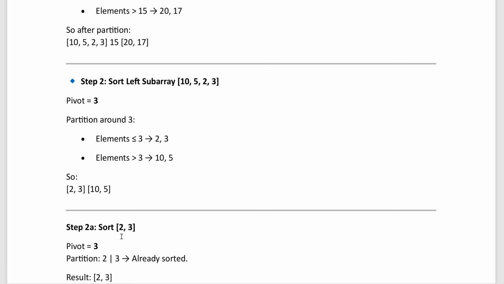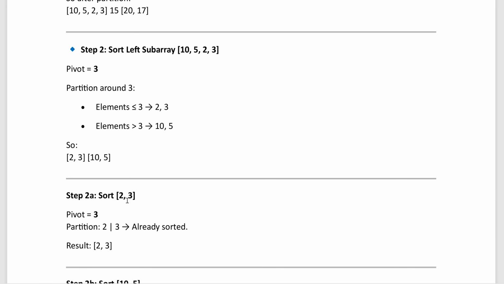So now step number 2a, again we'll be sorting now this 2, 3, because the array should contain at least two elements. That's why we have to include 3 in this case also. So now, as you can see, when we are sorting 2 and 3, these are already in sorted order.